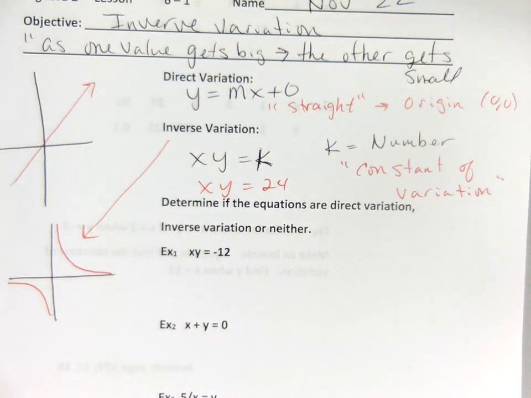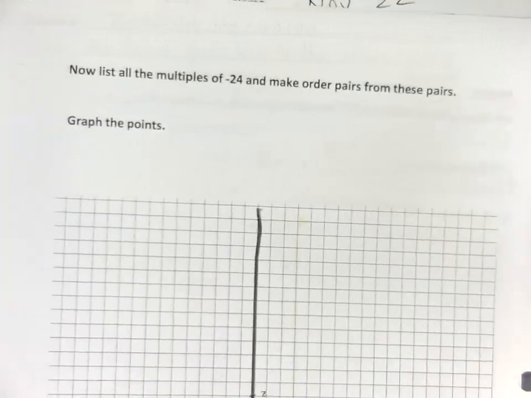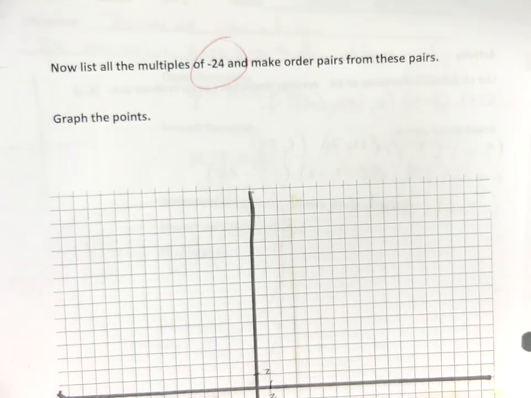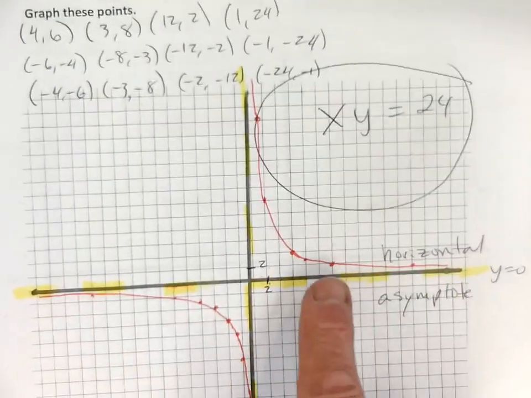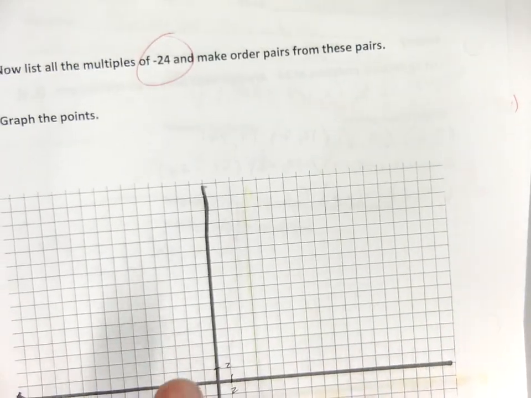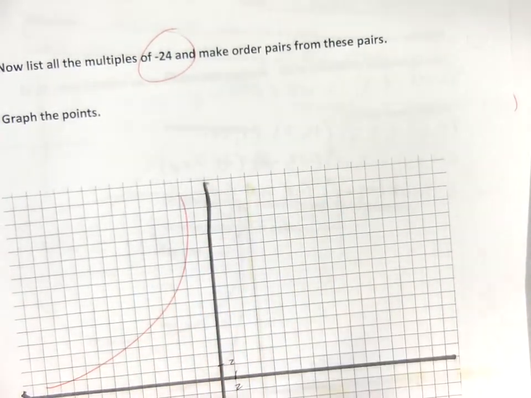Now, if we had more time, which, we're right on time, I would have had to do multiples of negative 24. And don't do this, but the only difference is exact same shape, except you'd have a positive and a negative. So it would be here and here.